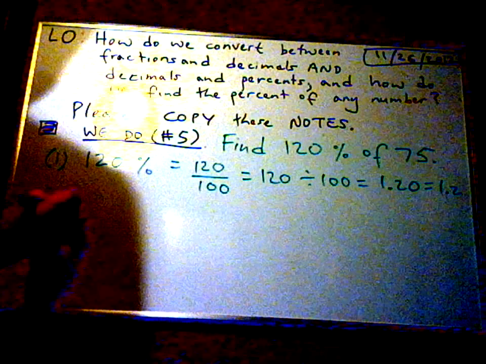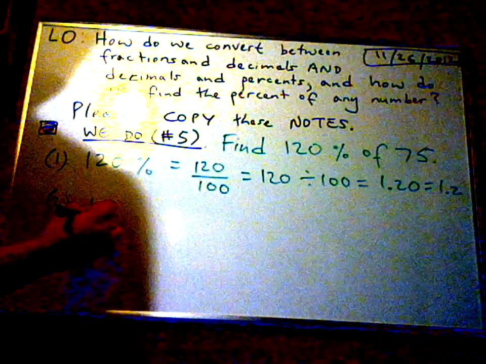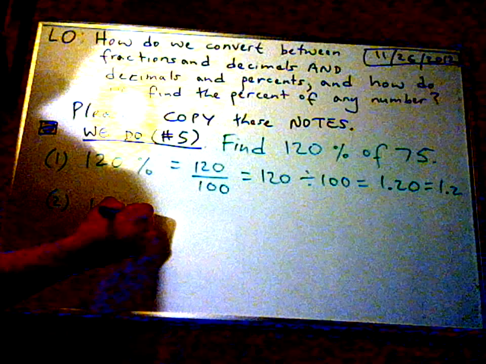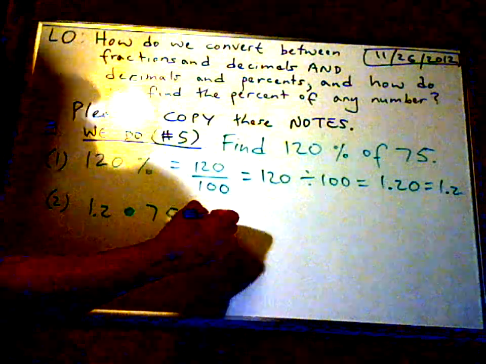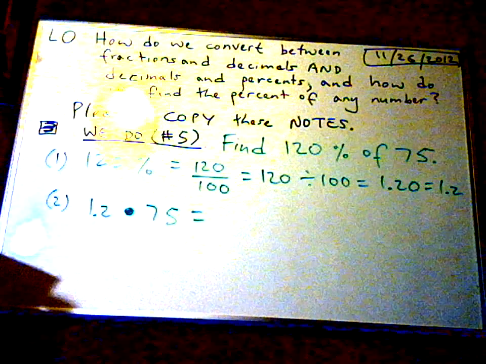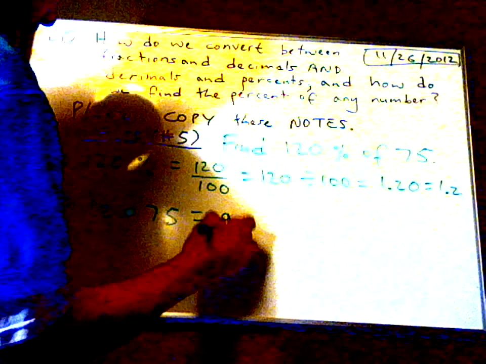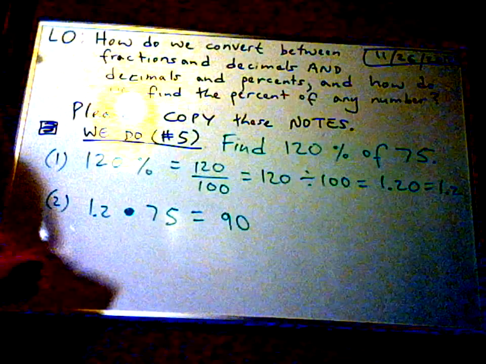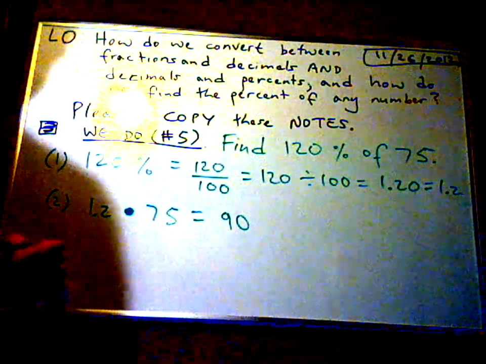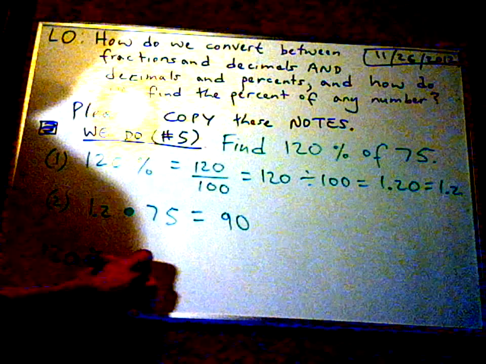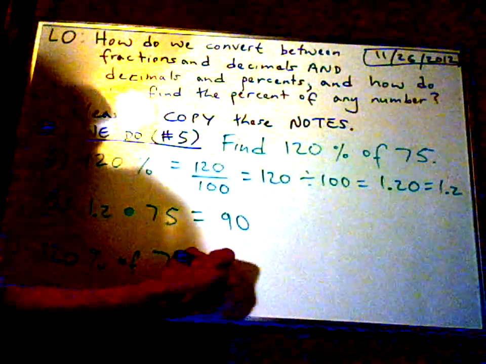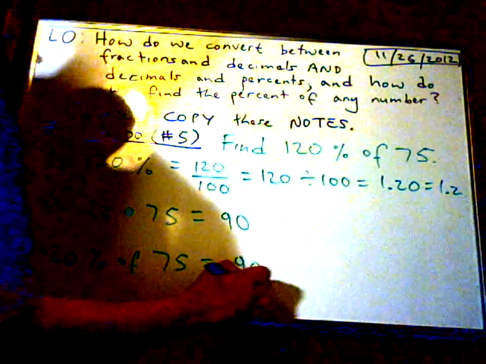So step 2, if I take 1.2 and I multiply that by 75, I'm going to get 90. So that means that 120% of 75 is equal to 90.